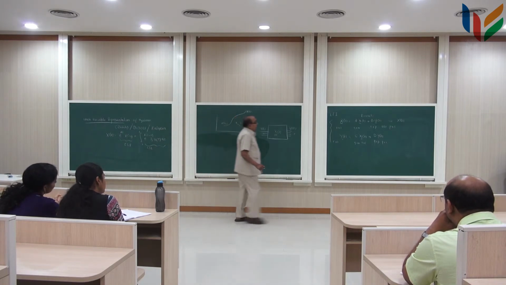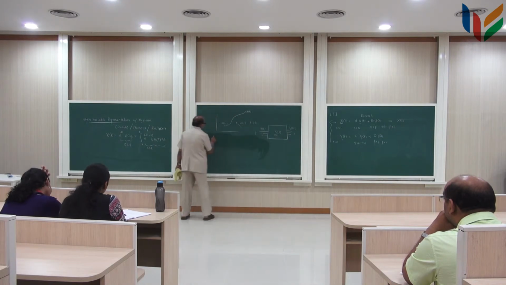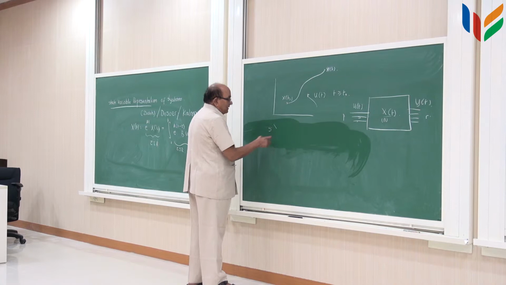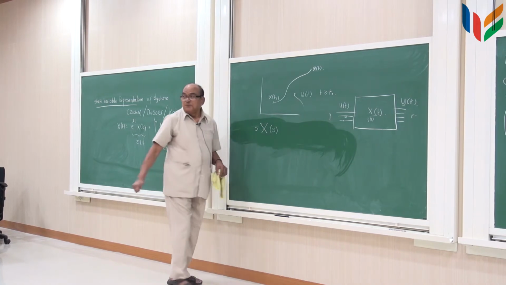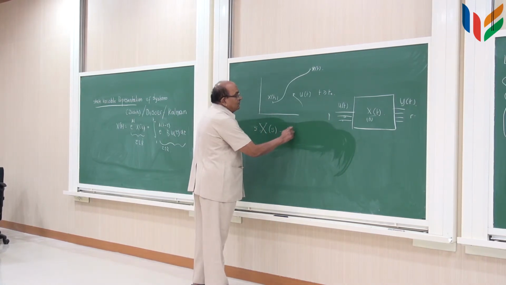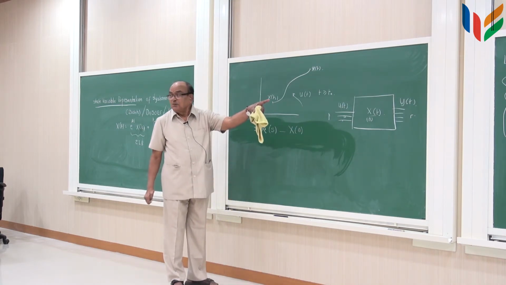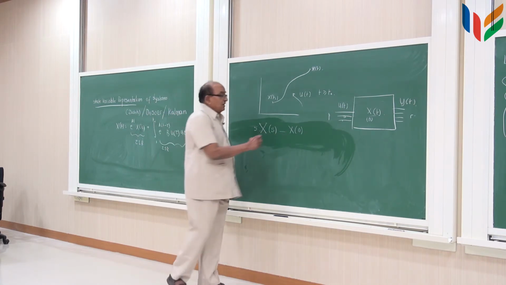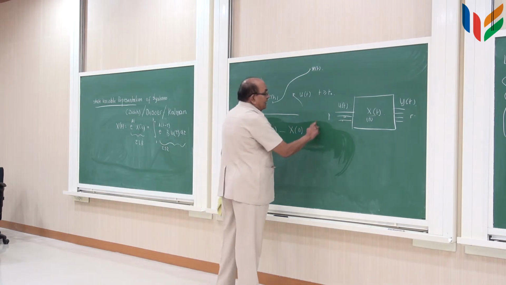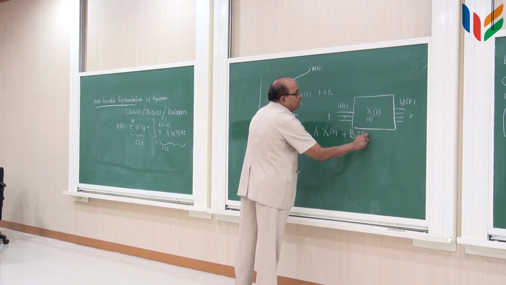If you take Laplace transform on this, you get S x of s minus x of 0, the Laplace transform of the derivative is s times the function x of s minus the 0 value, is equal to a times x of s plus b times u of s.